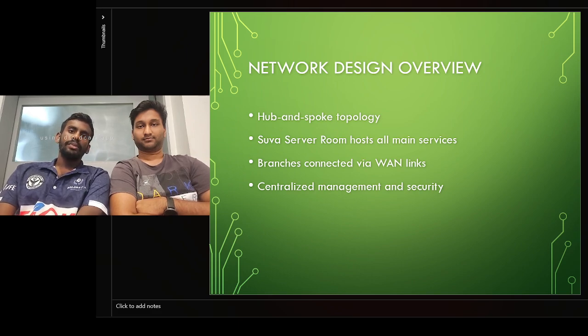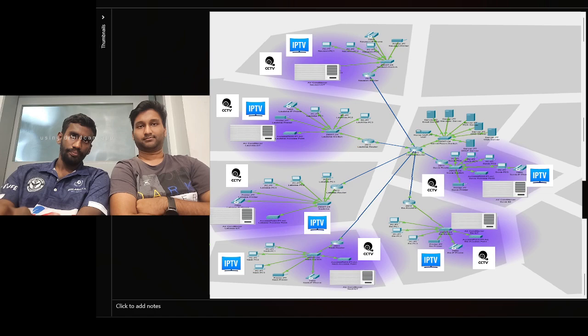The server room simply hosts all the different devices from all the different branches. It is connected via wide area network links. We will discuss what media we will be using in this network setup later in the slides. The server manages the security and all the devices centrally from one location.